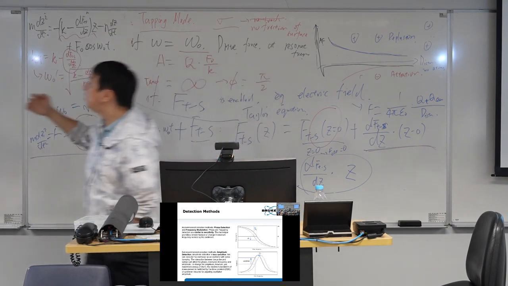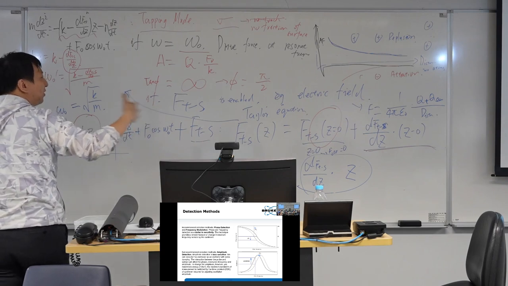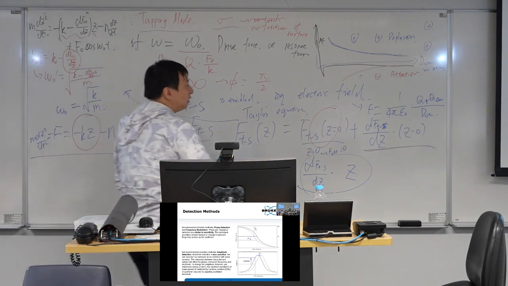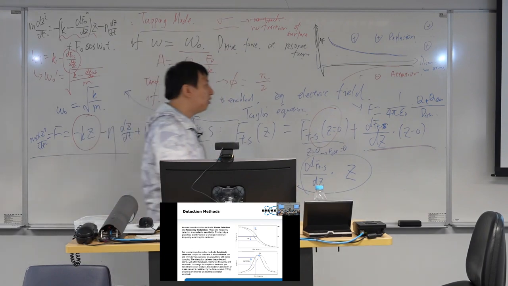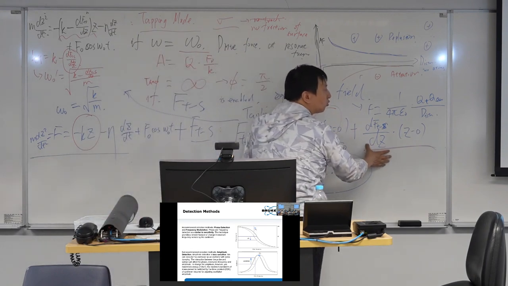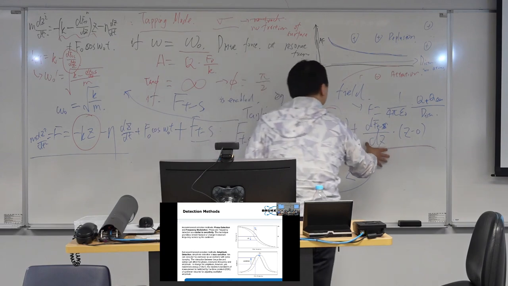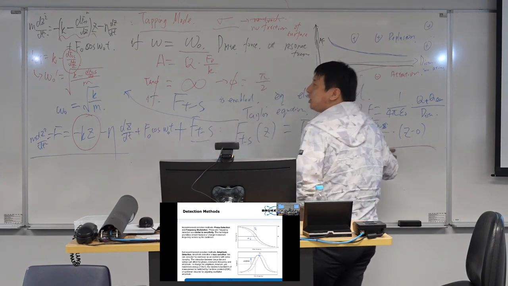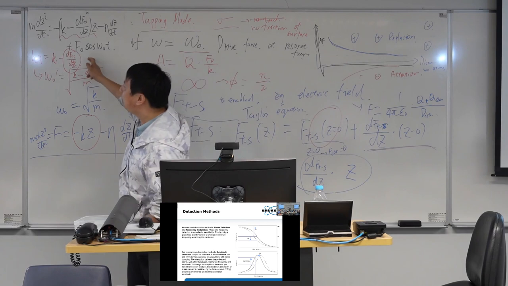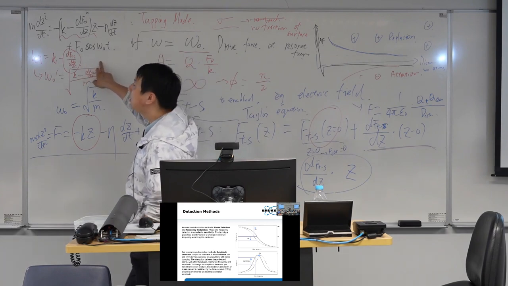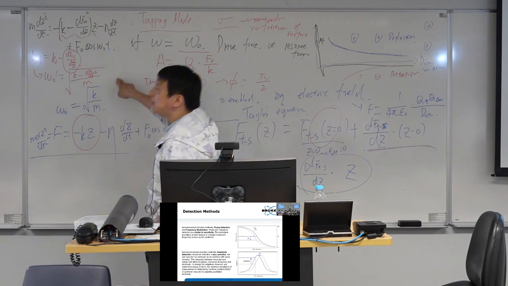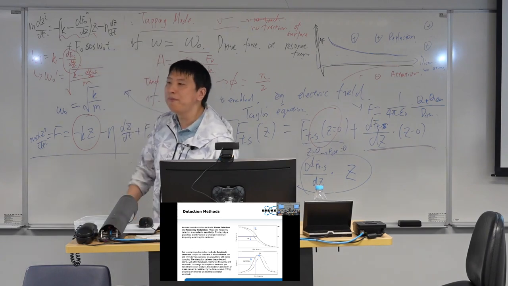Okay, and then the probe senses an electric field, and this electric field will cause a force gradient, and this force gradient will change the effective spring constant of the tip. As a result, it will change the resonance frequency of the tip.